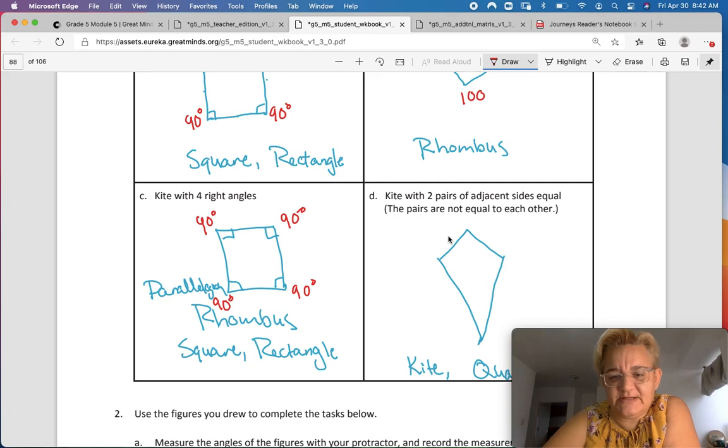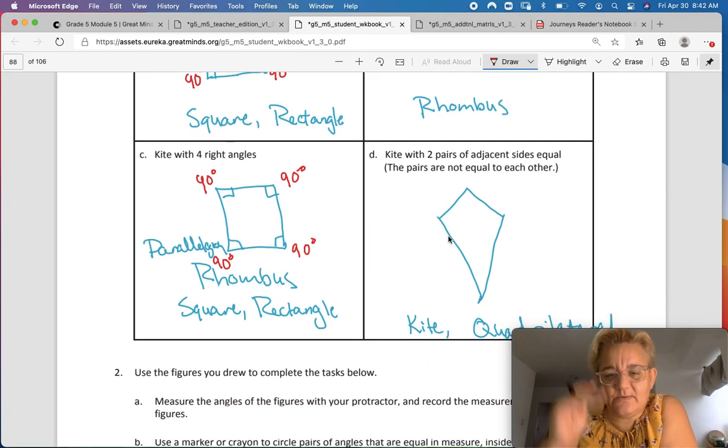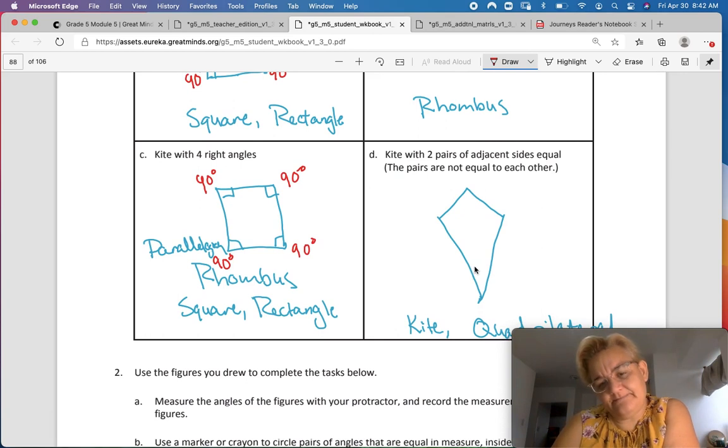A kite with two pairs of adjacent sides equal. Okay. These are not going to be the same. This one is going to be the same as that one. Let me see. Let's see, that would be 120 degrees.